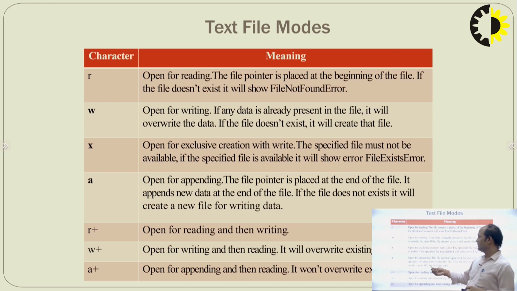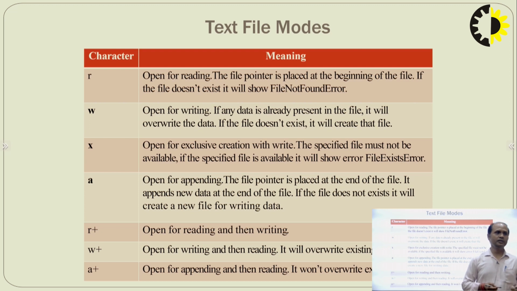In that mode, X opens for the exclusive creation with write, that means it will create and write also. The specified file must not be available, otherwise it will show the file exists error. Right, these are the three modes that we can pass on the file.